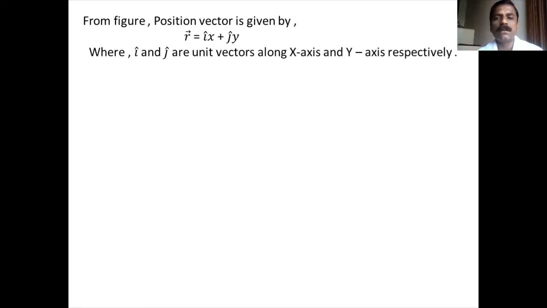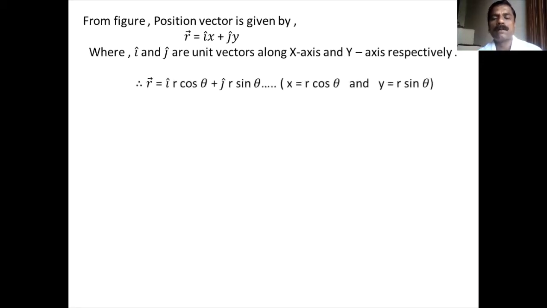Now we can put the values of x and y. From the diagram, with the help of the trigonometric relation, you will find x is r cos theta and y is r sin theta.